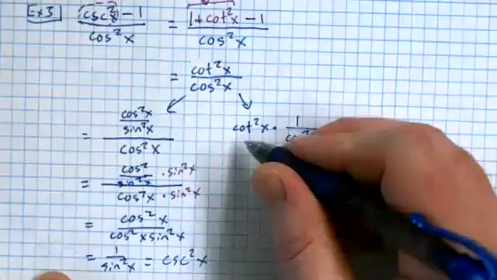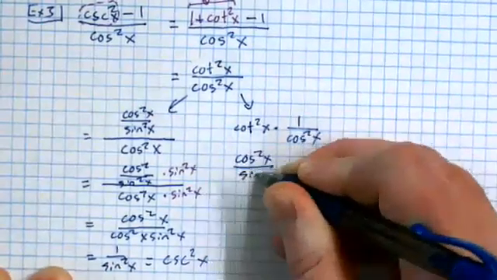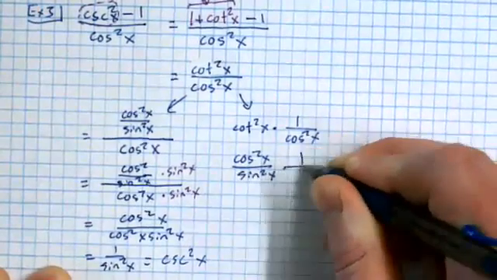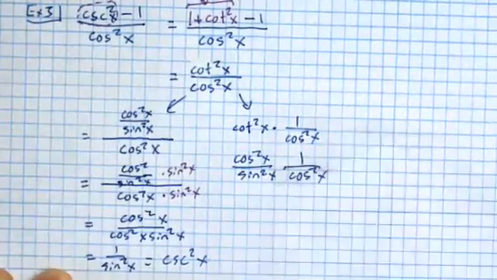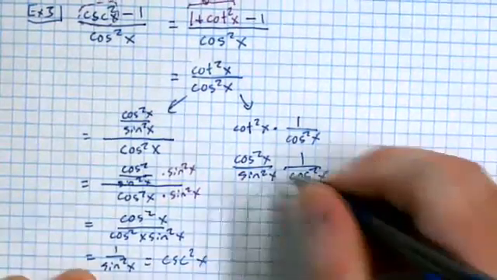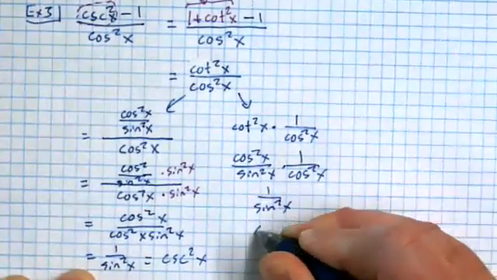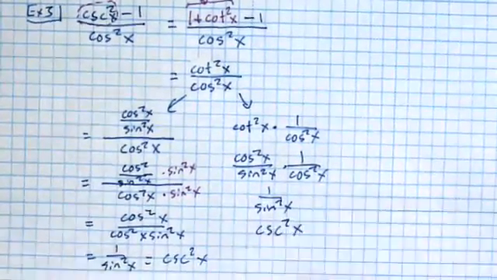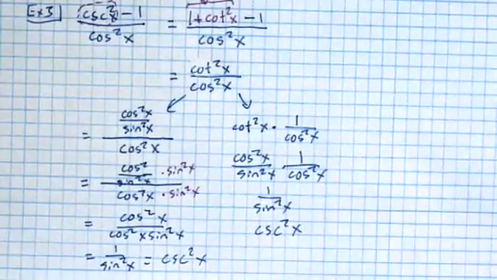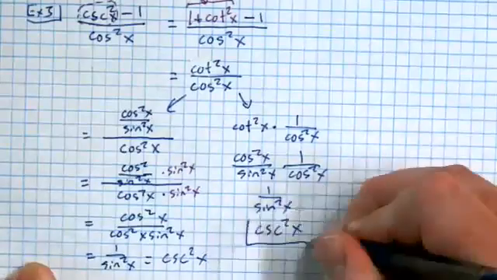And then from here, I would change the cotangent to cosine squared over sine squared and leave that 1 over cosine squared alone. And then I would cancel the cosine squared to get 1 over sine squared. That's cosecant squared. So that'd be my preferred way of doing it. Either way, we're coming out with cosecant squared with this one.